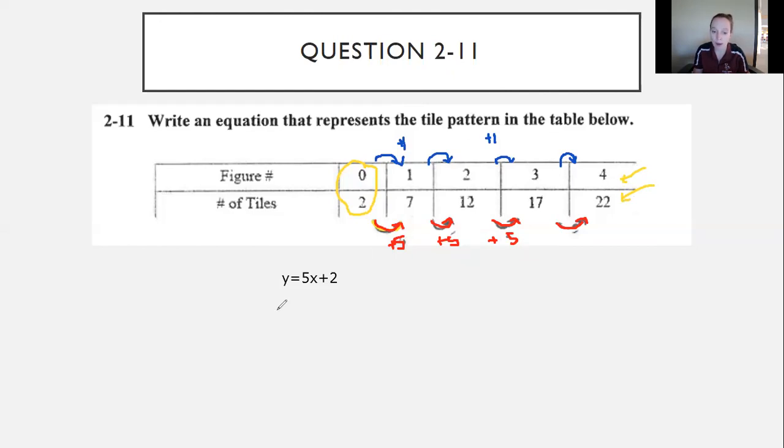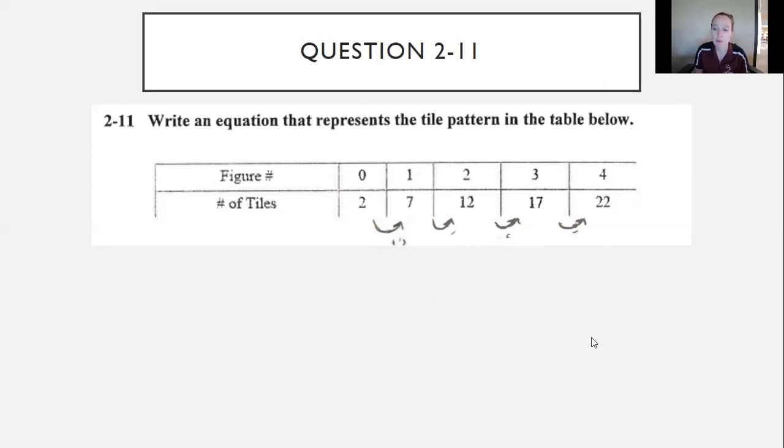So I picked figure 4, so I'm going to plug in 4 and I should get 22. If that doesn't give me 22, then my equation is wrong. My 5x plus 2 is wrong. But 5 times 4 is 20. 20 plus 2, check. Good. That is my output, and that's what my table says. So that's your equation.